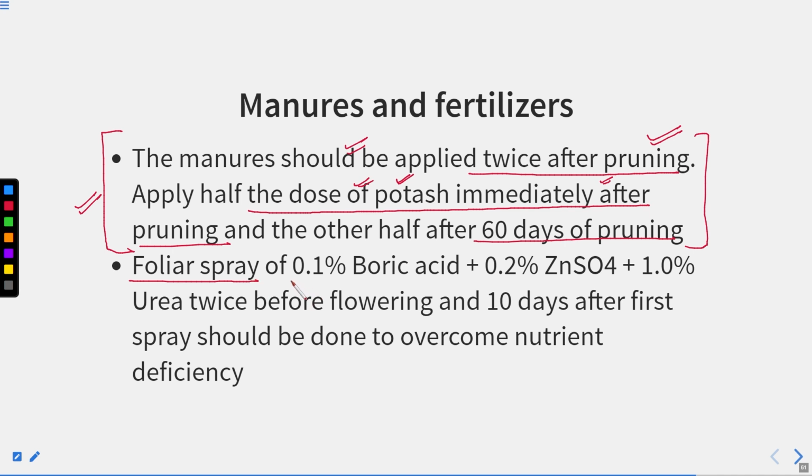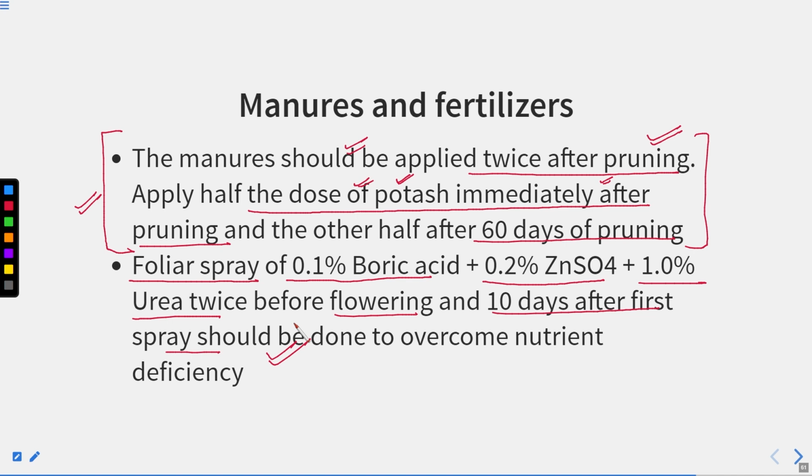Foliar spray of 0.1% boric acid plus 0.2% zinc sulfate plus 1% urea should be done twice before flowering, 10 days after the first spray, to overcome the nutrient deficiency. Sometimes the plant may have some deficiencies of nutrients.